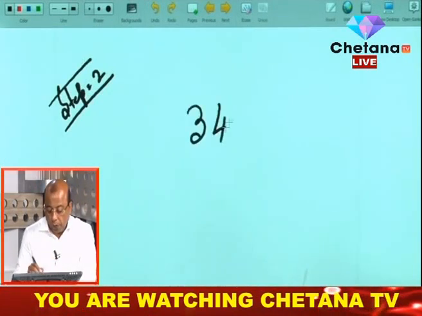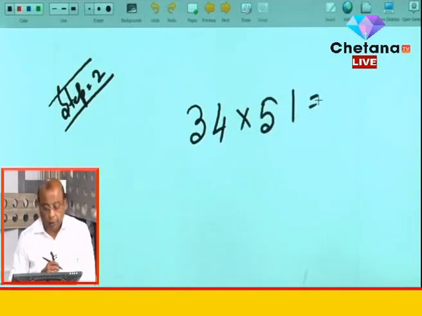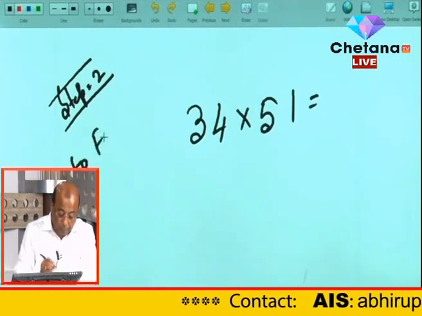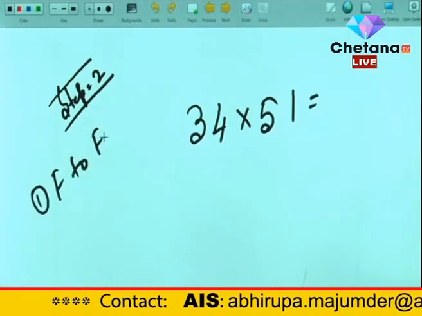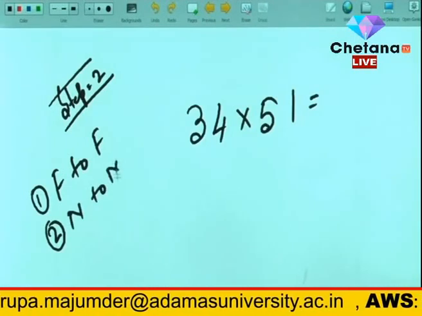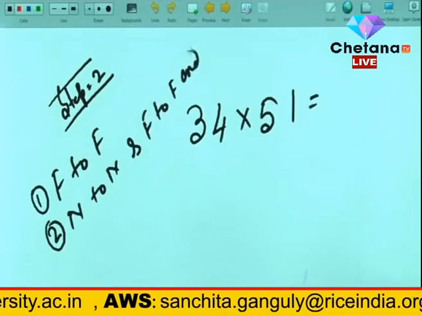34, 51. Step 1, try to remember, F to F, that means 4 to 4. Number 2, N to N, and F to F, and add.